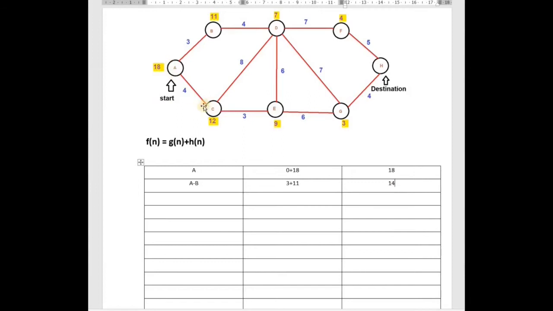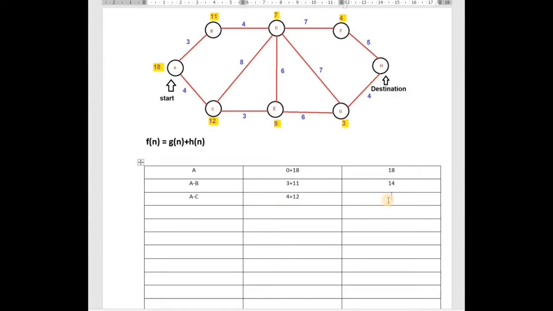And we will now calculate the F value of reaching C. First, I will just write A to C. What is the cost of reaching from A to C? That is 4. And the heuristic value of C is 12.